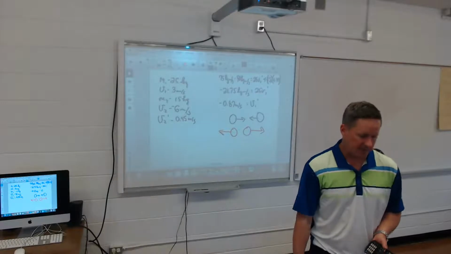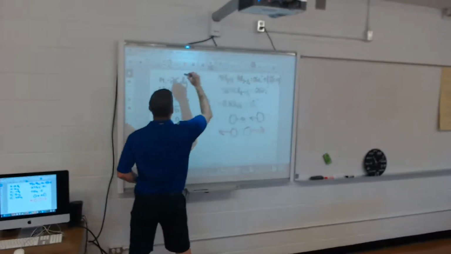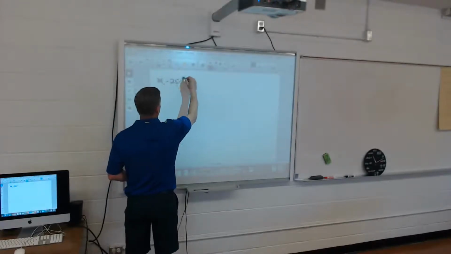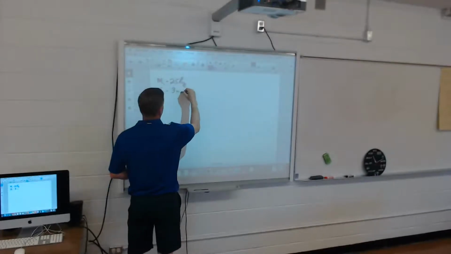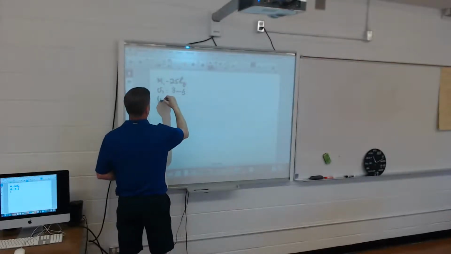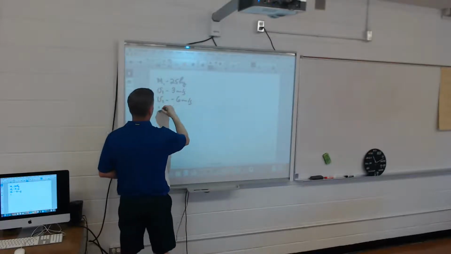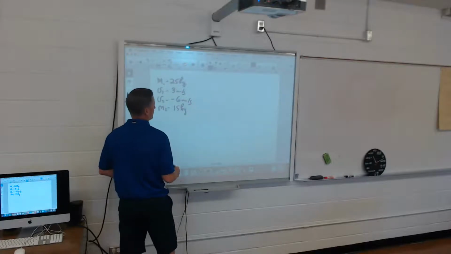Okay. And then in C, so we do it all again. And in C, they now stick together and move together. So that changes things a little bit as well.